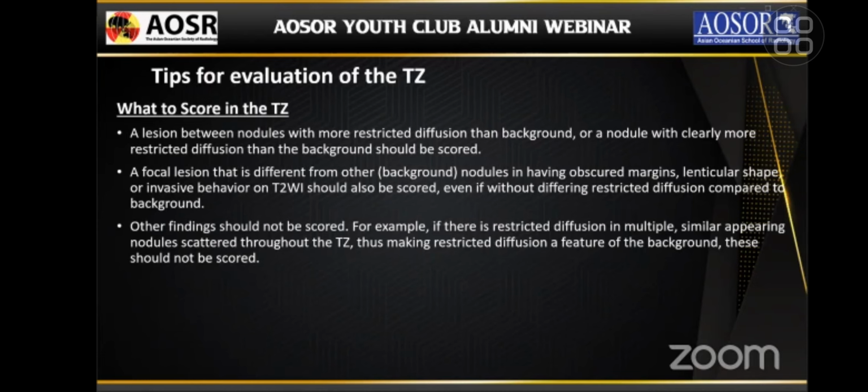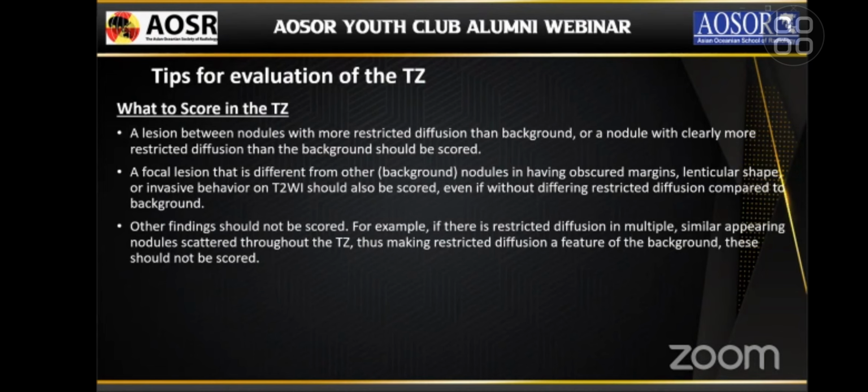Regarding which TZ lesion to score, PI-RADS states that a lesion with more restricted diffusion than background should be scored. Thus, while the dominant sequence for TZ lesion is T2WI, you can pick up a lesion with DWI and then evaluate it with T2WI.